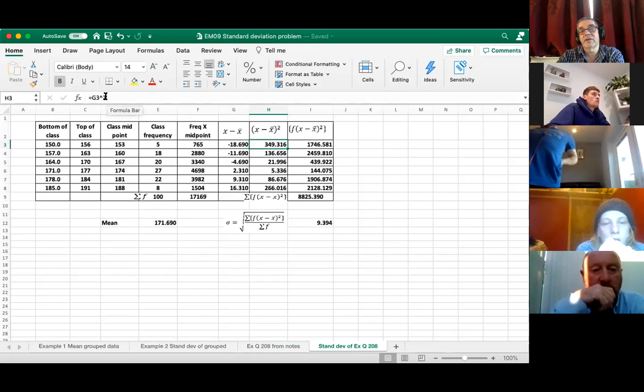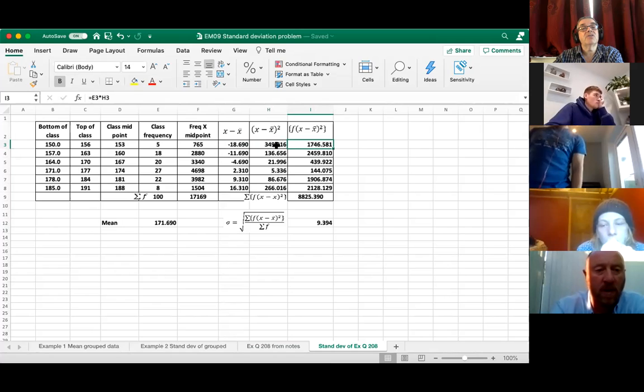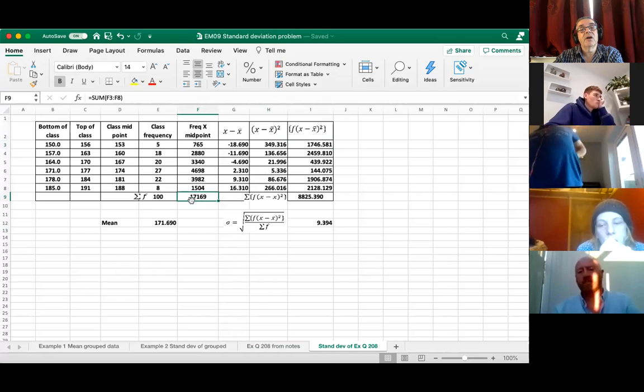So you do that in Excel. And then lastly, we're going to multiply everything in this column by the relevant class frequency. So this one is H3 times E3. We then sum up the frequency column, we get 100.